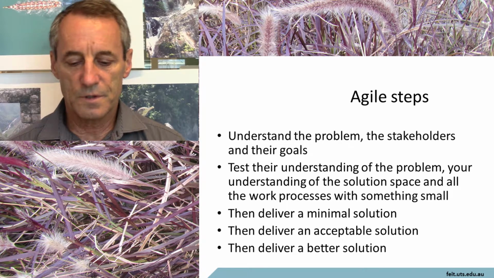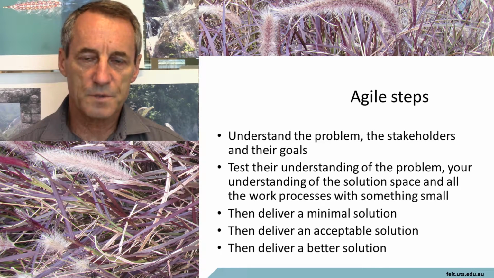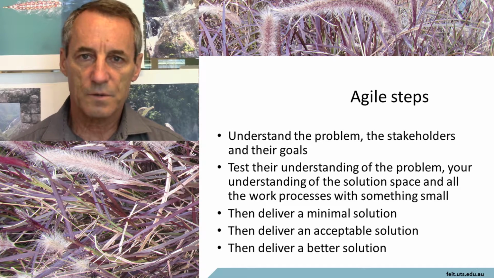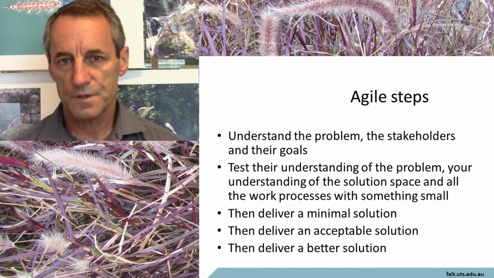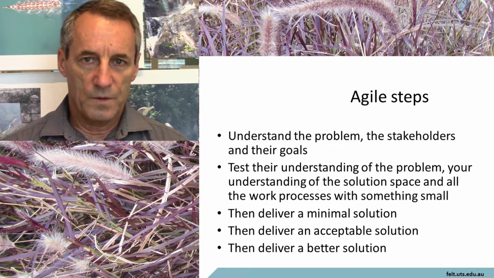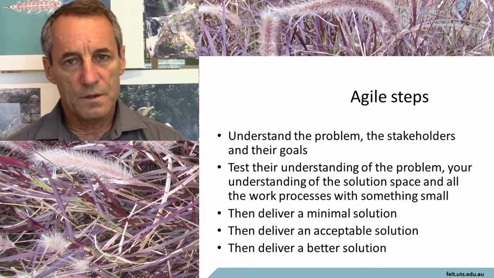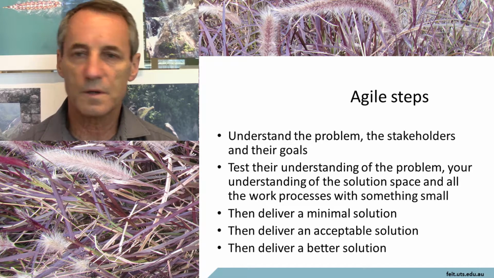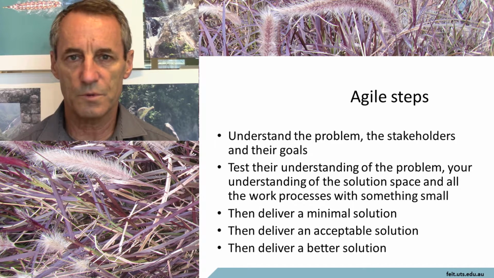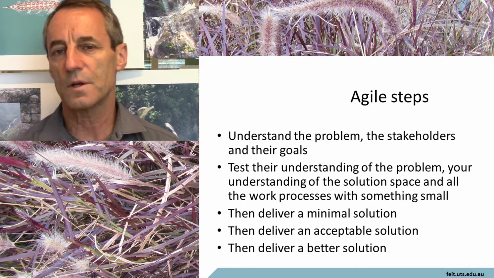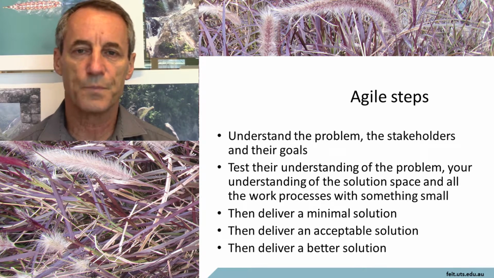The first thing we need to do, the steps generally are, we need to understand the problem, the stakeholders, and their goals. So that's the first thing we need to do. We can then test our understanding by delivering something tangible that is not anywhere near a solution, but is something tangible over which we can all discuss and negotiate the understanding of the problem and the potential solutions.